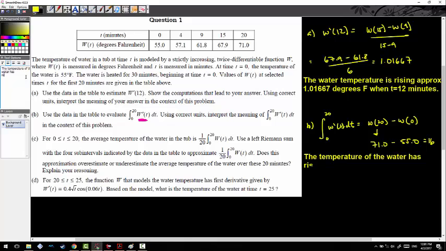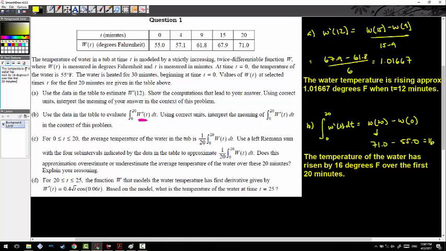Well, it has risen by 16 degrees Fahrenheit over the first 20 minutes. Right? If the total change was 16 degrees, that means the temperature of the water had to have climbed or risen by 16 degrees in the first 20 minutes.